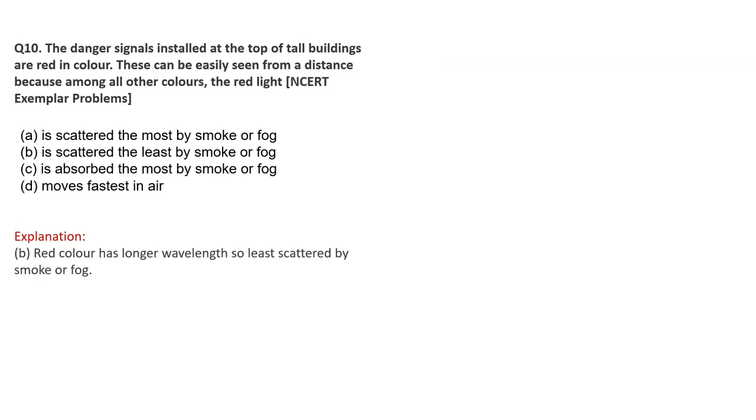Coming to question number 10, the danger signals installed at the top of tall buildings are red in color. These can be easily seen from a distance because among all other colors, the red light has the maximum wavelength. So the small particles which are present in the air are not going to scatter the light.